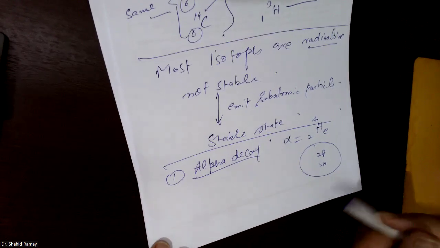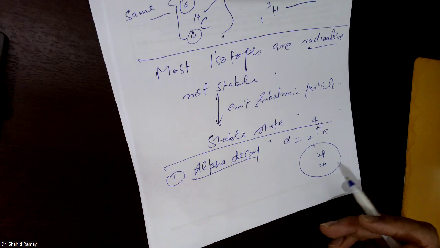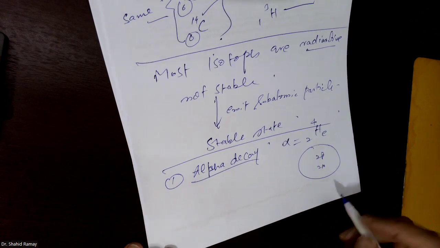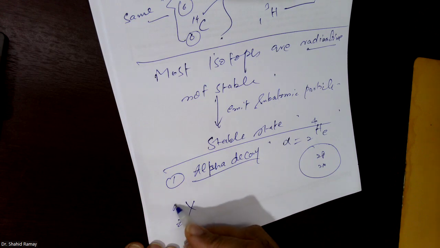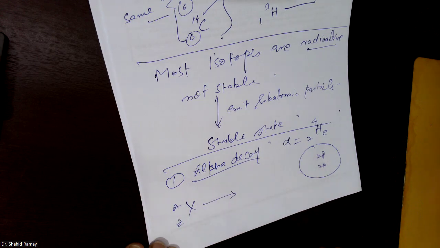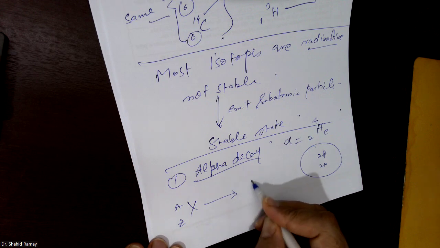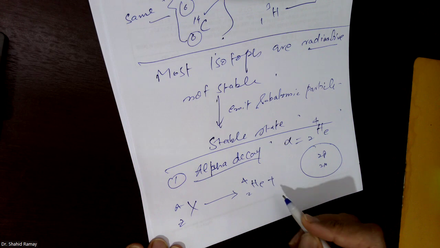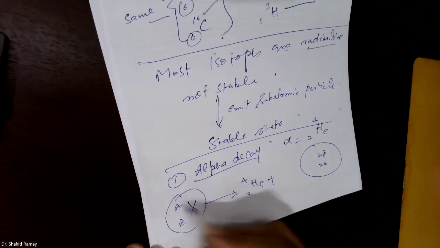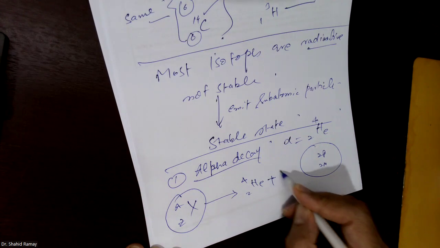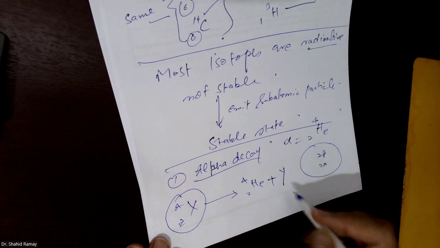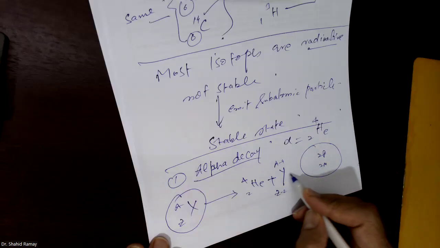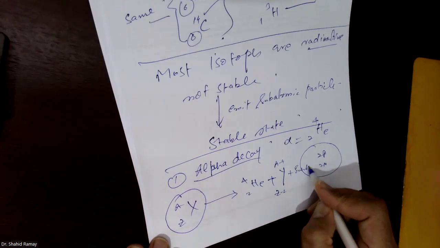So in case of alpha particles, I am just writing the relation that if we have X with Z and A, and one alpha decay exists, then 2He4 will be emitted. This is called the parent element, and the daughter element will become Y, and that will be Z minus 2 and A minus 4, plus some energy.